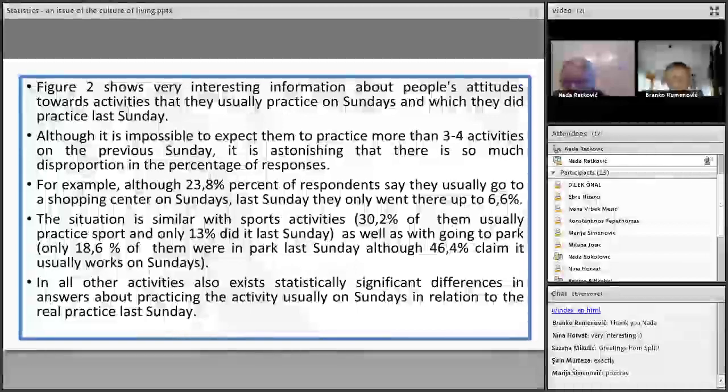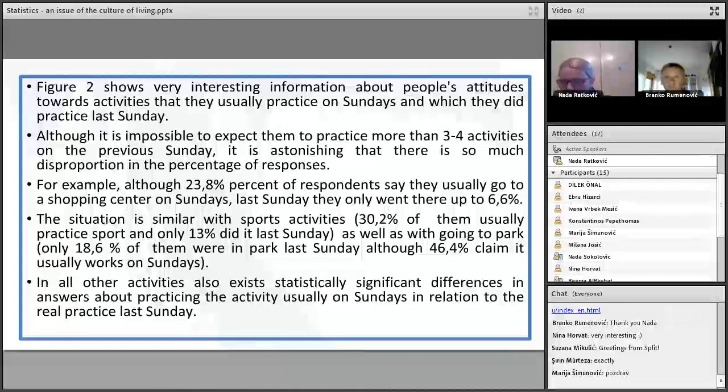Here are the results. Figure 2 shows very interesting information about people's attitudes towards activities they usually practice on Sundays and which they did practice last Sunday. What is interesting here? 23.8% of respondents say, like we see, they usually go to a shopping center on Sundays.